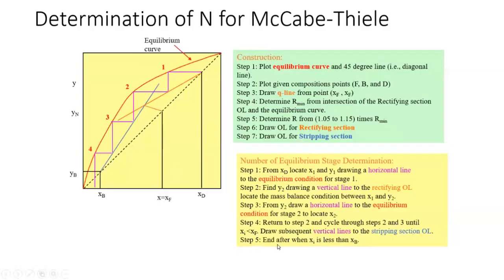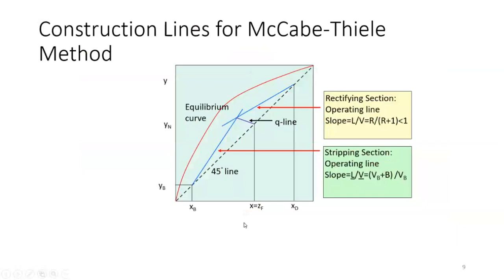Step 5, end when xi is less than xb. There we should end. So in this way, the total number of vertical lines we have drawn will give you the number of ideal stages in this distillation column.